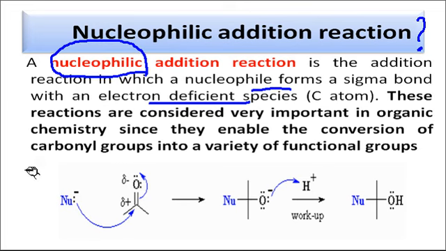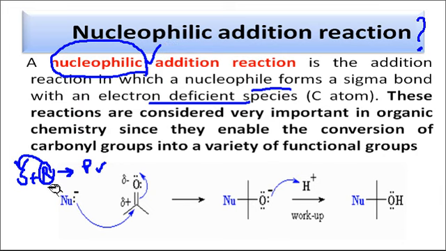So when we write down the simplest organic reaction in this form, the reagent attacks on the substrate molecule, resulting in the formation of the addition product. So the nature of the reagent here is nucleophilic.